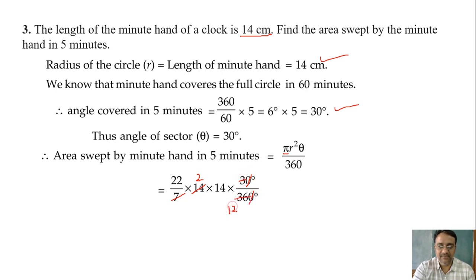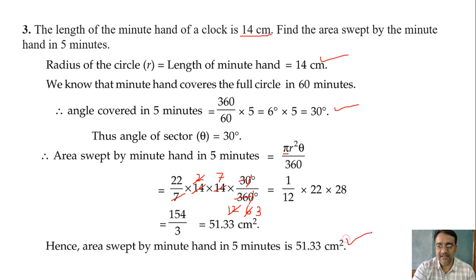We can cancel more, 2 sixes are 12, then 3. So finally 22 into 7, that is 154 by 3. 154 by 3 means 51.33 centimeter square approximately. Any doubt in this question?